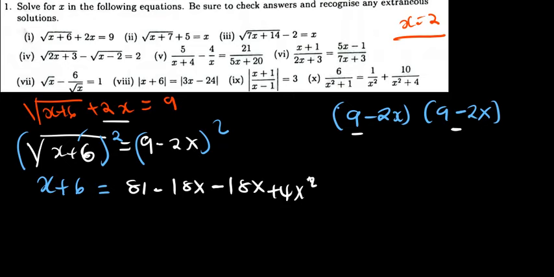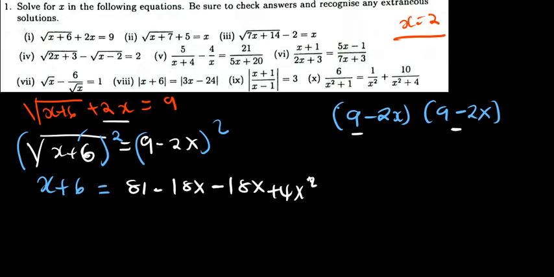Now, since I've got x squared, and there is another term which is just x, and a number without x, definitely that is a quadratic equation, meaning I can shift everything to the other side so that I remain with 0.